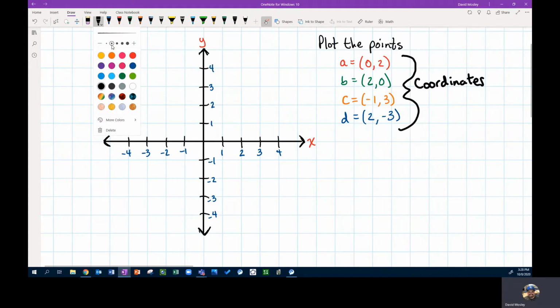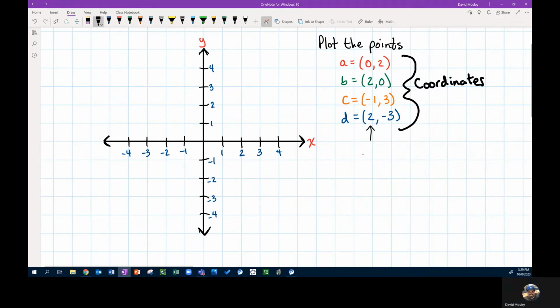And they're written with the x term first, and then the y term second. So you find the value of x along your x-axis, and then you trace that up or down to the y-axis to the corresponding value on the y-axis.